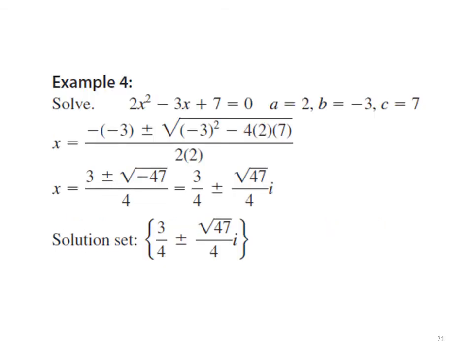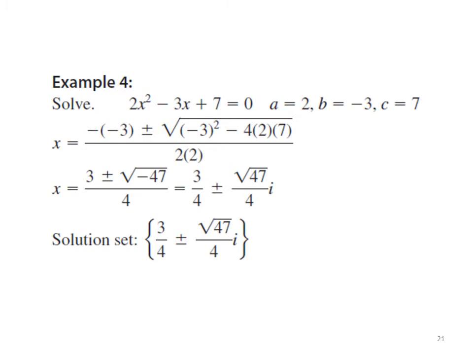Let's apply the quadratic formula to solve an equation. We want to solve 2x squared minus 3x plus 7 equals 0. Here, a is equal to 2, b is equal to minus 3, and c is equal to 7.